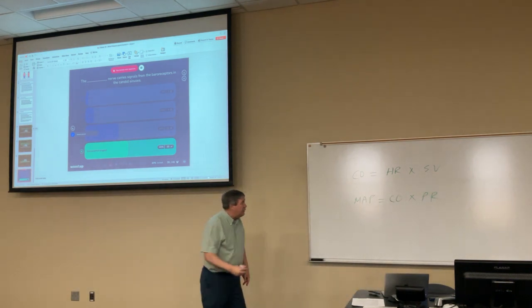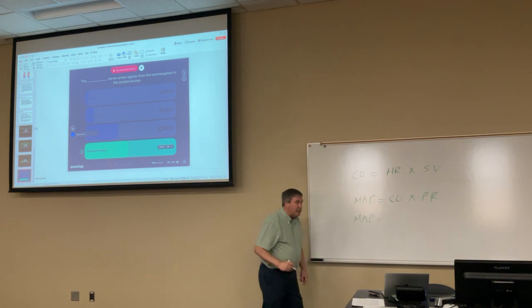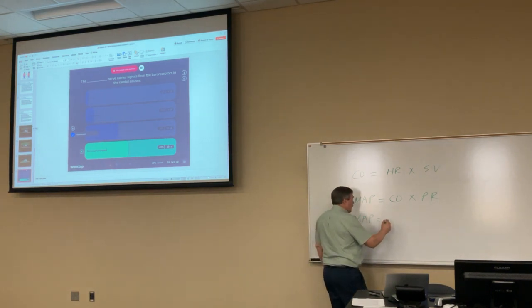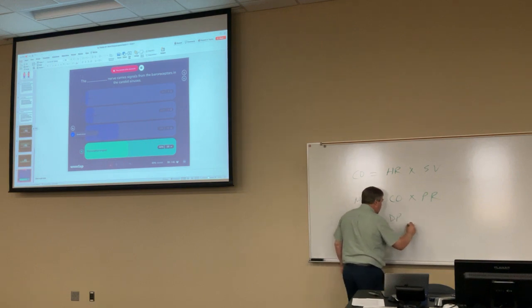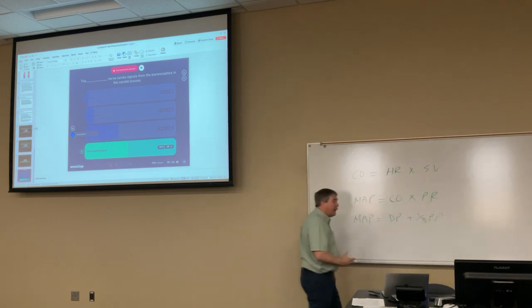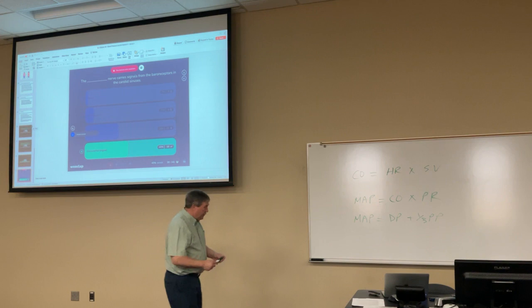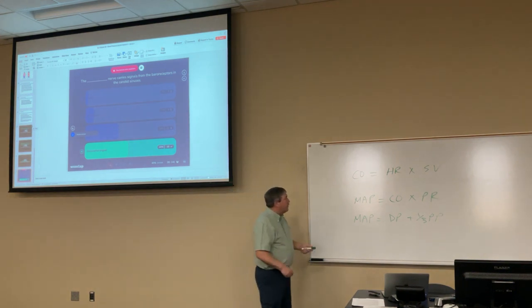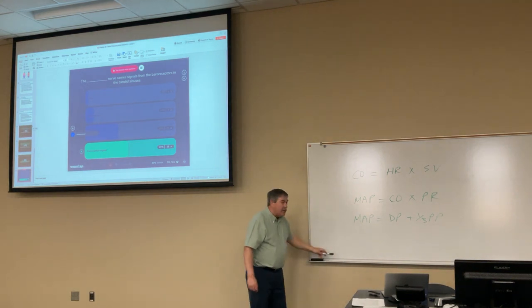Also, you can calculate mean arterial pressure, so there's a 3rd equation. You can determine mean arterial pressure by taking the diastolic pressure plus 1/3 of the pulse pressure. So, I could ask more than one question for each one of these relationships.